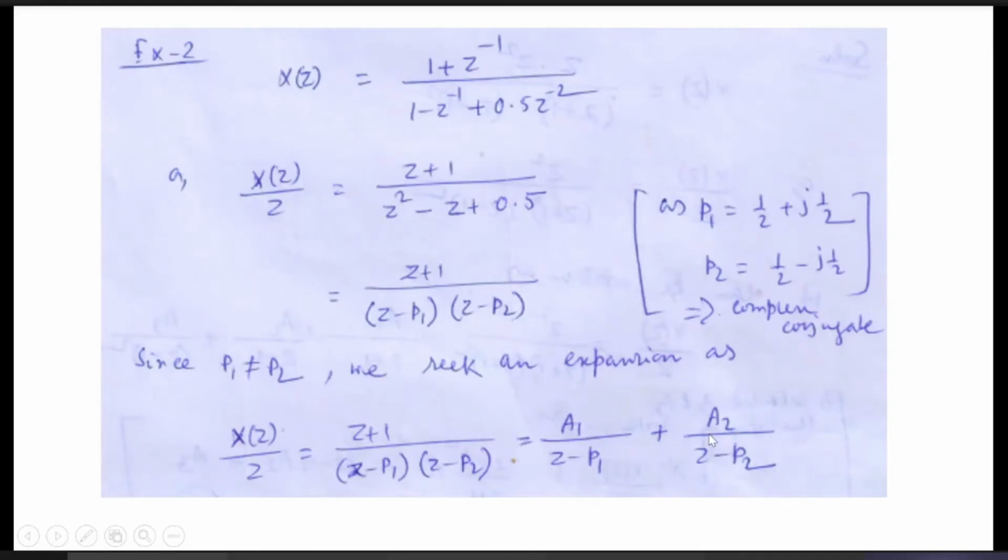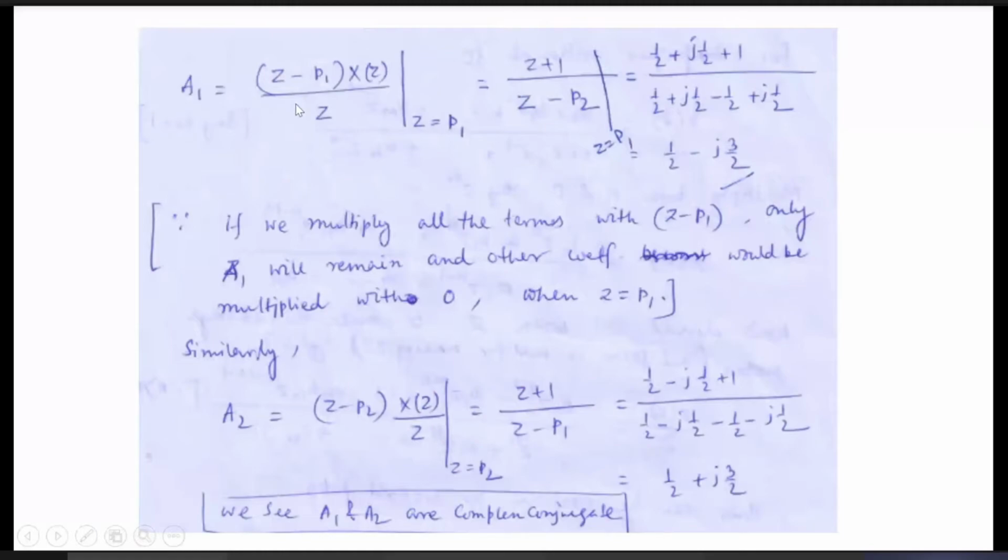Now in that case, if you evaluate that expression at that particular pole p1, the other terms will remain 0. A2 will remain 0. So we get that a1 is equal to z minus p1 into X(z) by z.